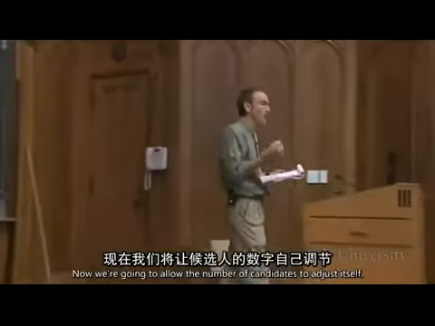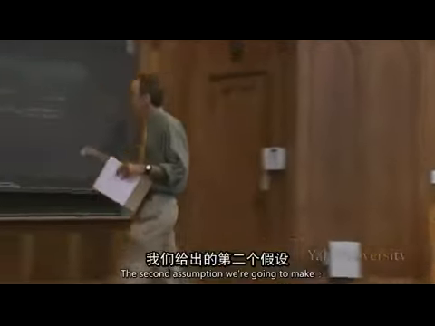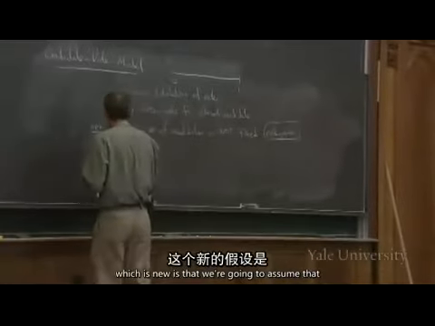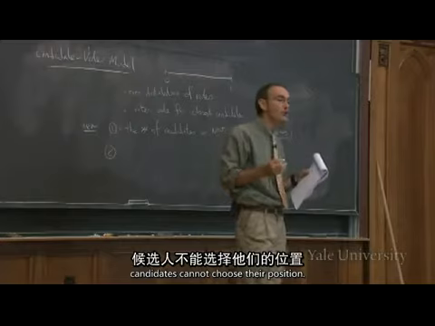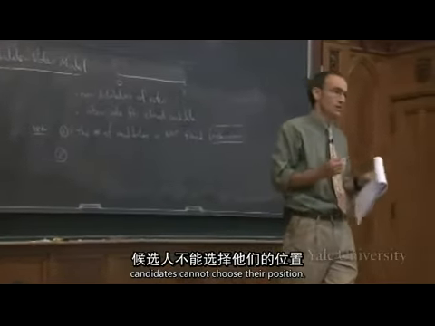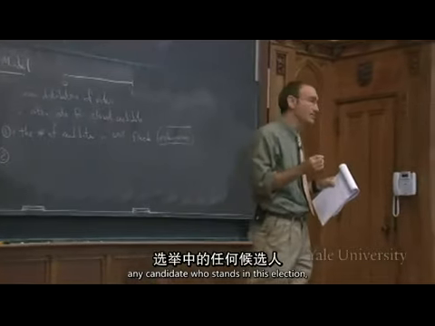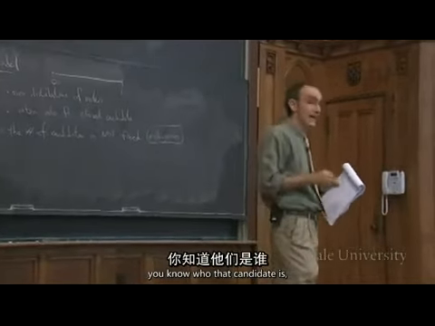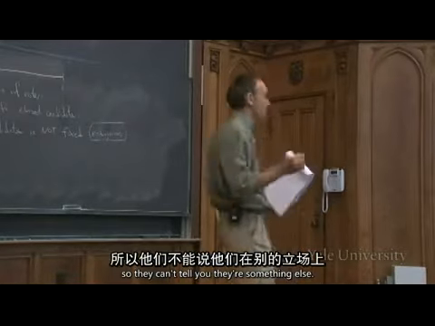Now we're going to allow the number of candidates to adjust itself. And the second assumption we're going to make, which is new, is that candidates cannot choose their position. Right? So the idea is, any candidate who stands in this election, you know who that candidate is. You know whether they're right-wing or left-wing. So they can't tell you they're something else.